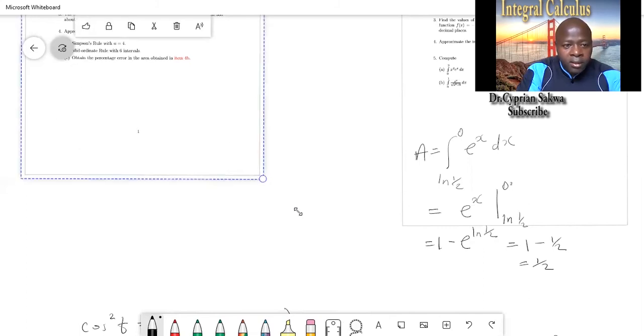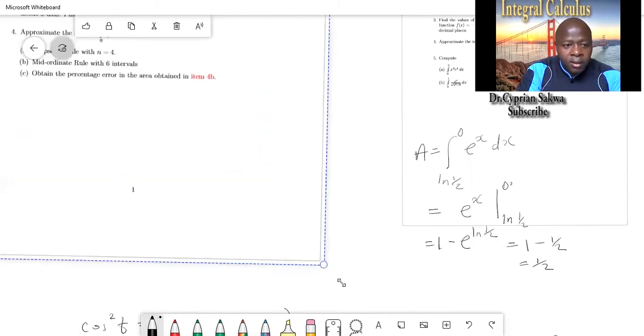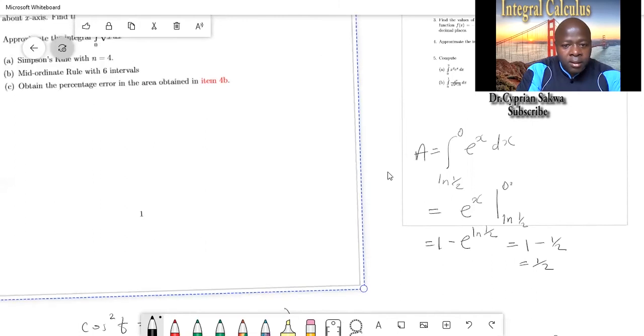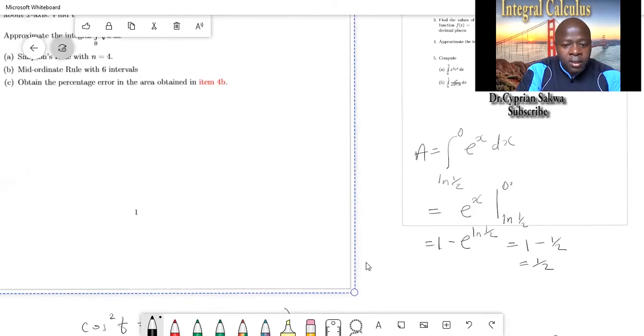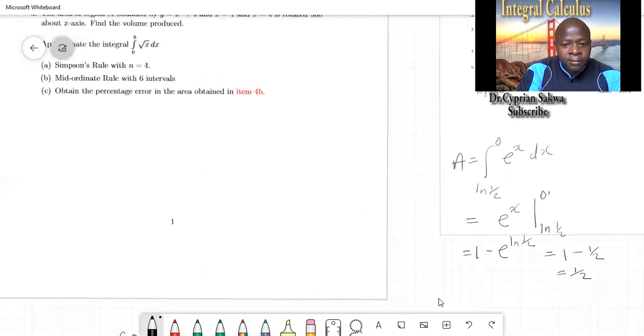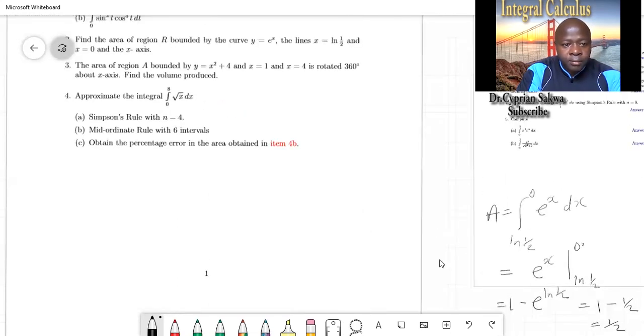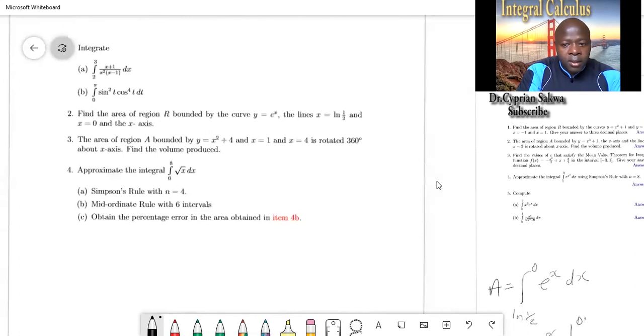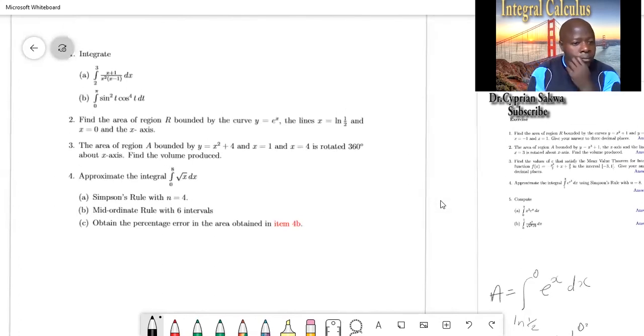Yeah, we can now enlarge. It's now okay. Enlarge it, so that if you had not seen the other questions, you can now see them. Okay, it's visible.